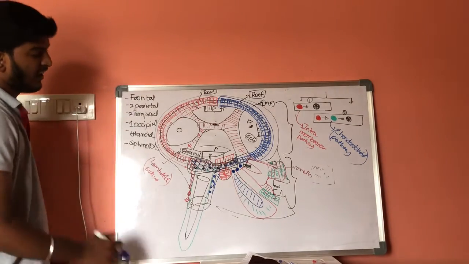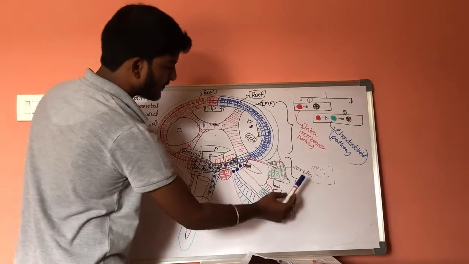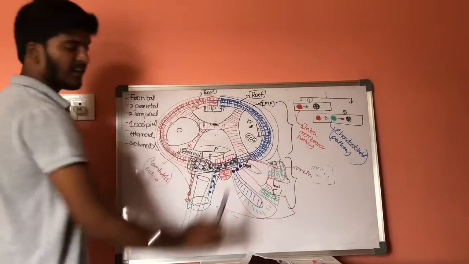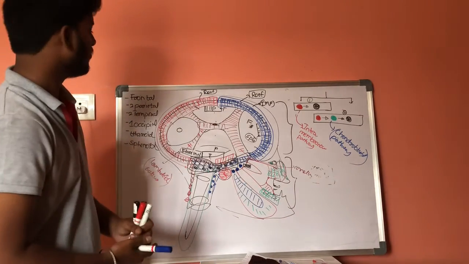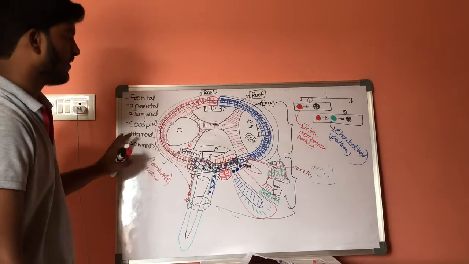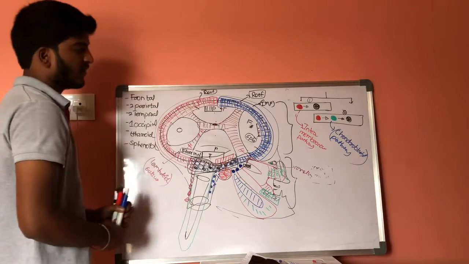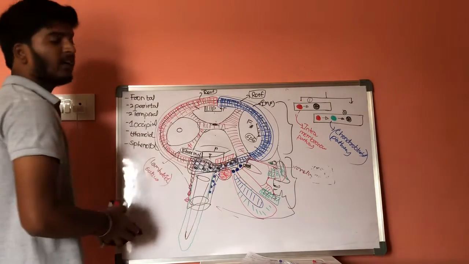Now, in this way, the skull will be developed, that is neurocranium and visceral cranium. These consist of 8 bones, and here it consists of 14 bones. Totally, it includes 22 bones. This is the development of the skull.